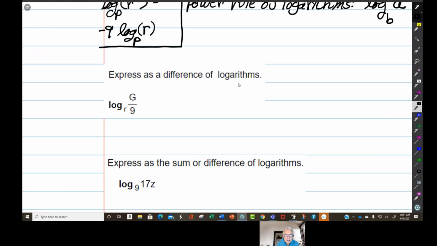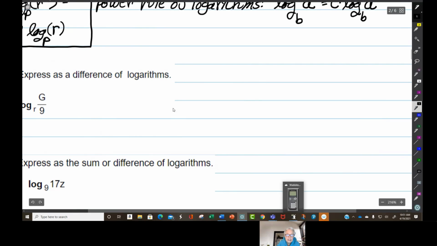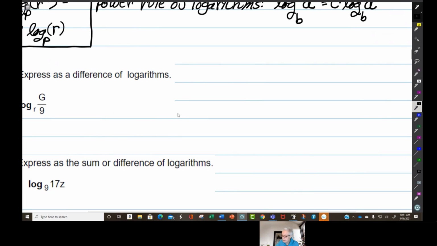Now, express as a difference of logarithms. Let's do a law of exponents first.